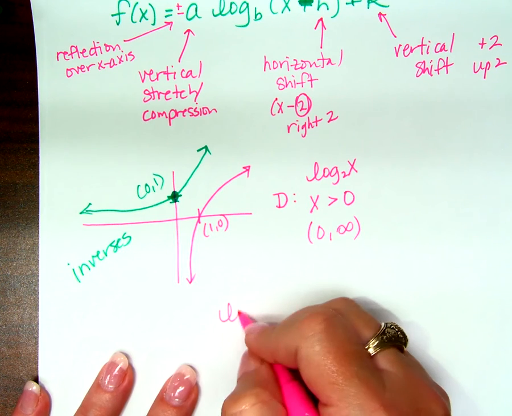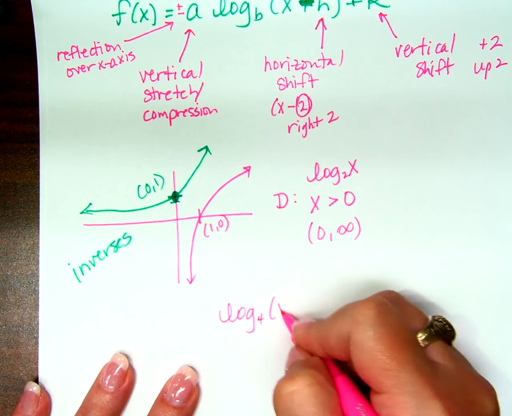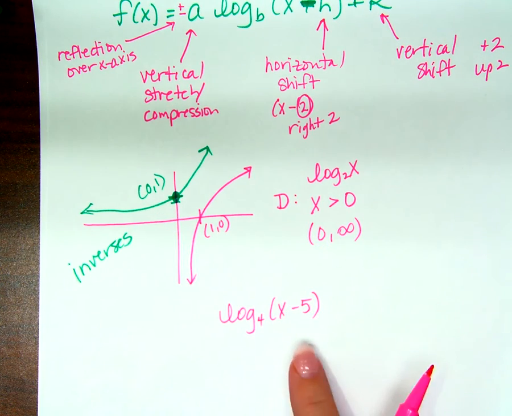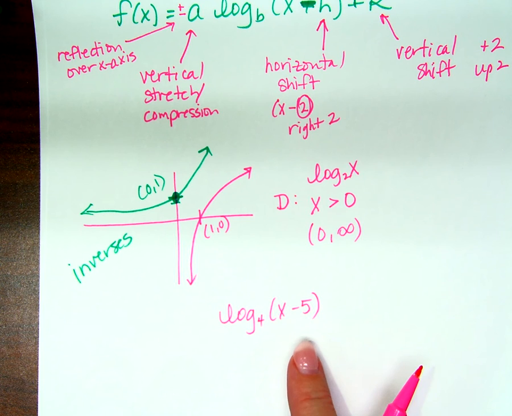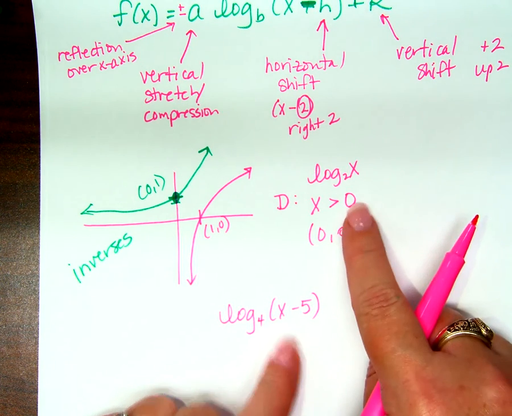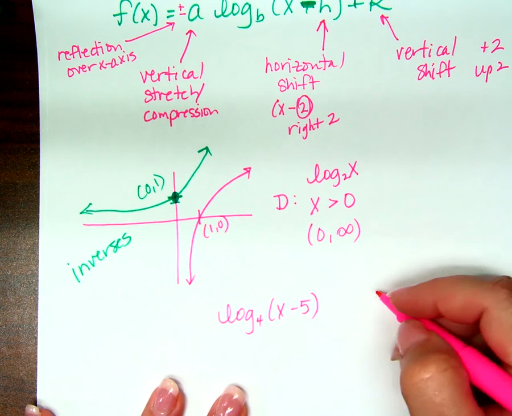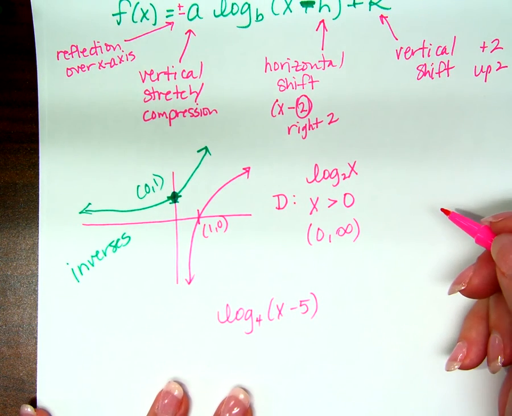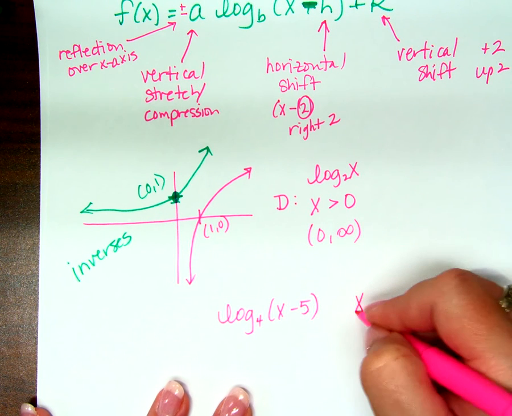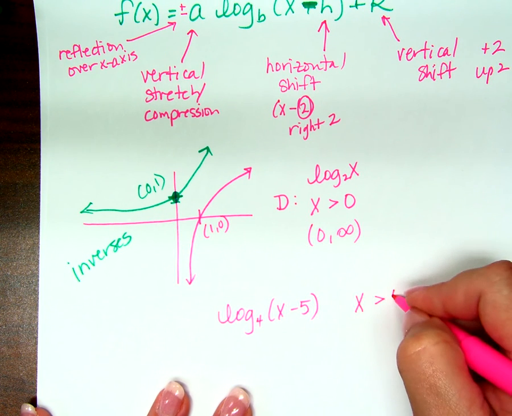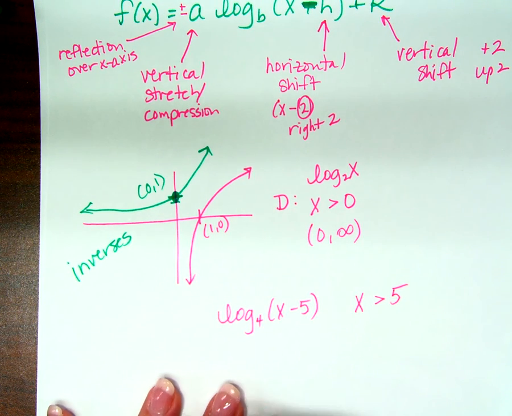If I say to you log base 4 of x minus 5, you need to be able to find a domain from that. This is moved to the right 5, so how does that affect the domain? It's going to move to the right 5. So my domain is going to be x is greater than 5.